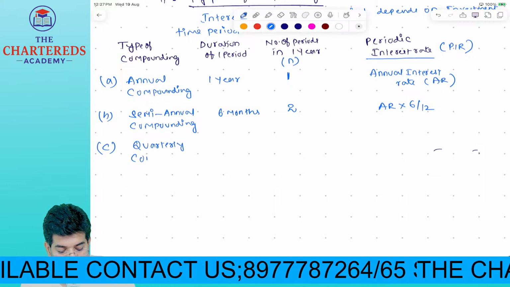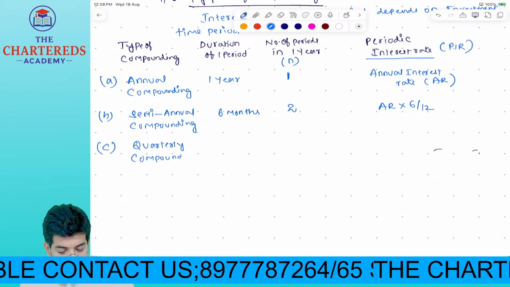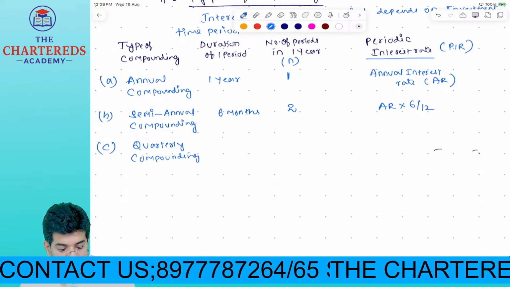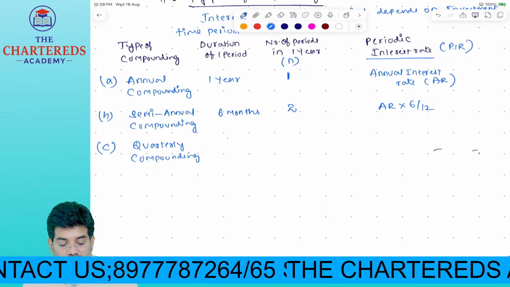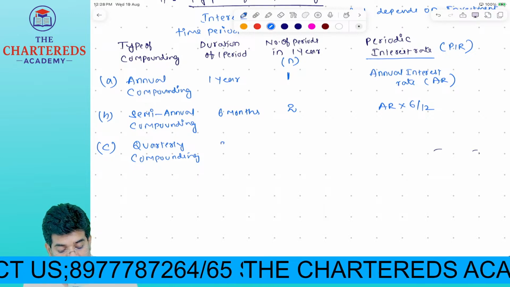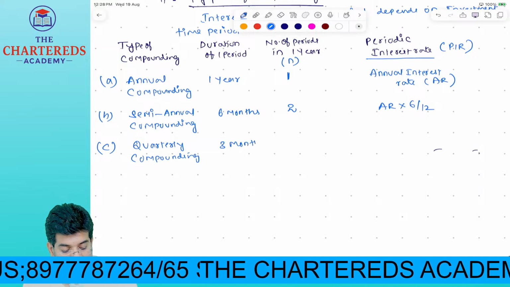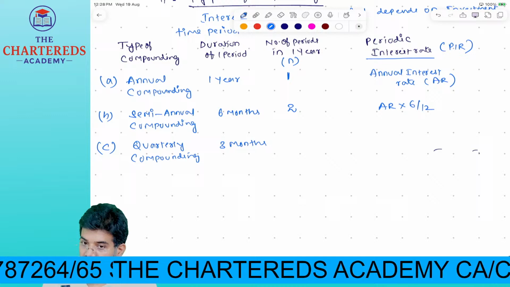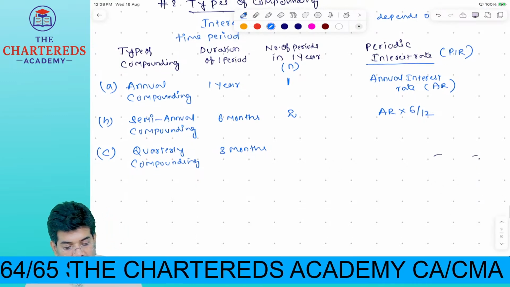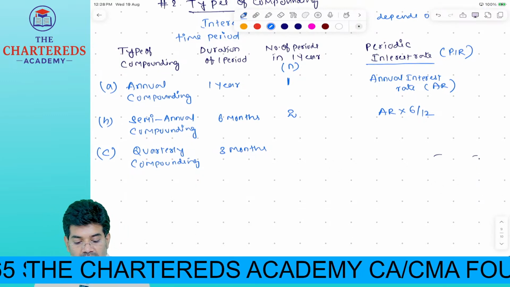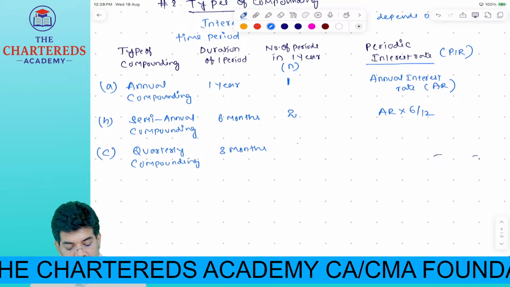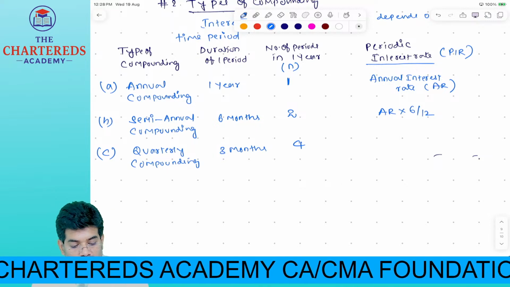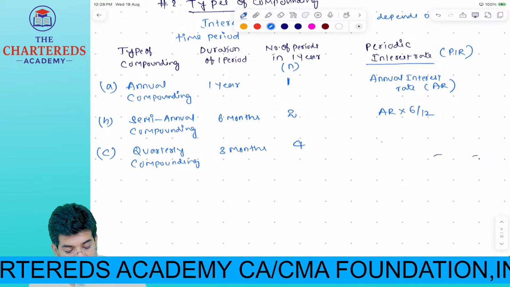Quarterly compounding. What is the period? One period is equal to 3 months. And what is the number of periods in a year? 4. Proportionately, how much interest will be applicable?